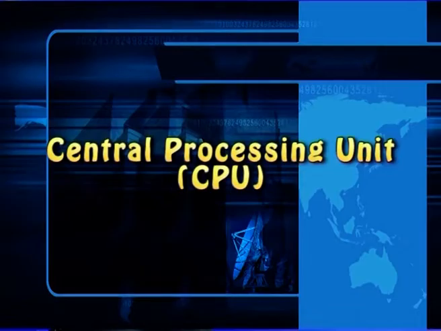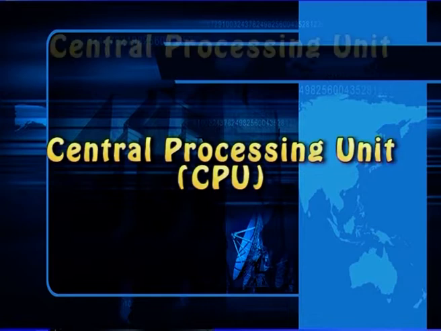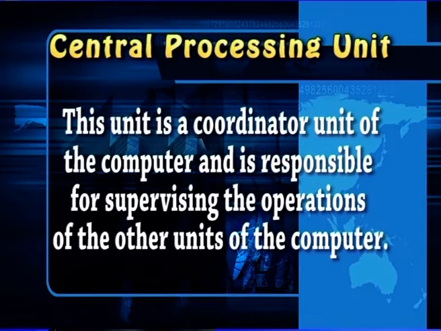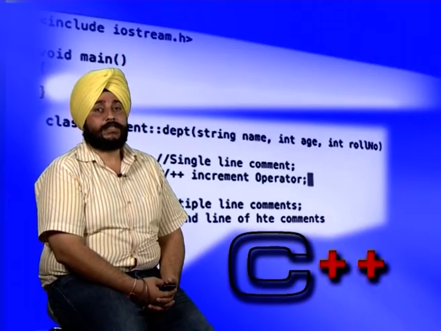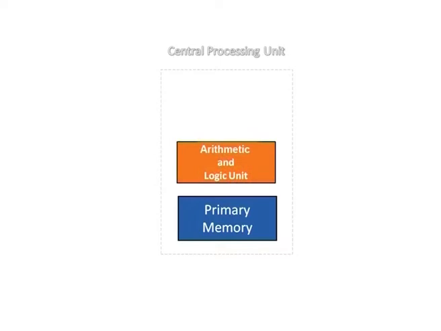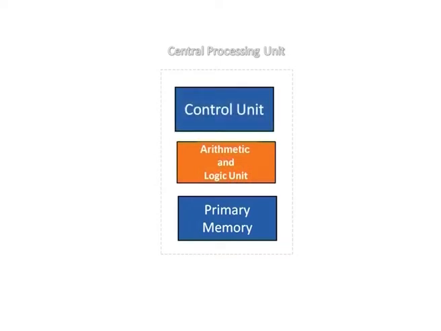Next unit is central processing unit. This unit is a coordinator unit of the computer and is responsible for supervising the operations of the other units of a computer. The CPU consists of further subunits, namely primary memory unit, arithmetic and logic unit also known as ALU, and control unit.